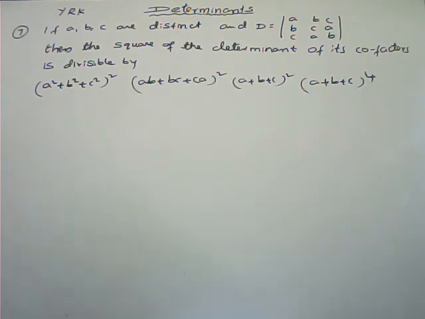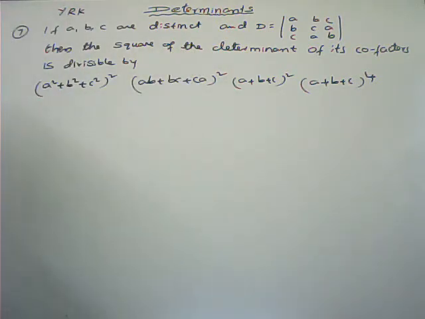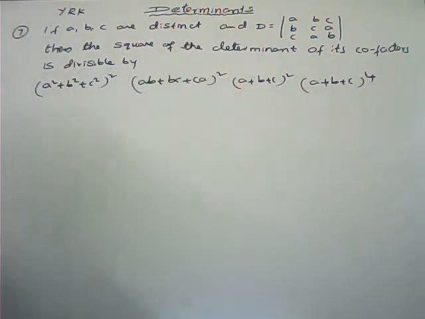Next one. If A, B, C are distinct and D is equal to the determinant of A B C, B C A, C A B, then the square of the determinant of its cofactors is divisible by. Here, what is given: the square of the determinant of its cofactors.